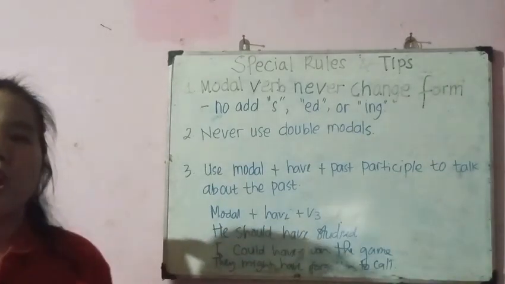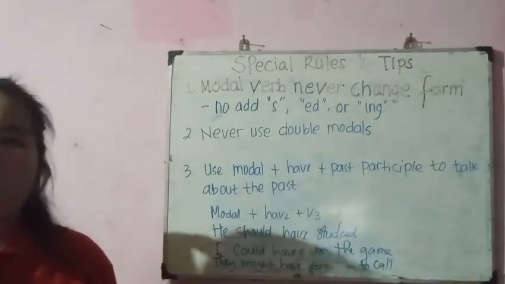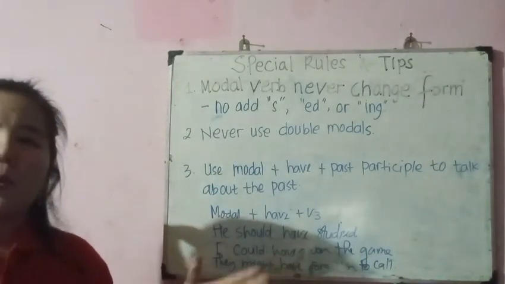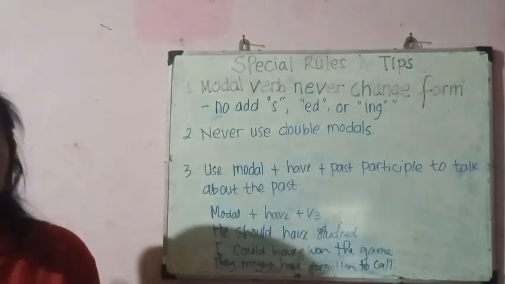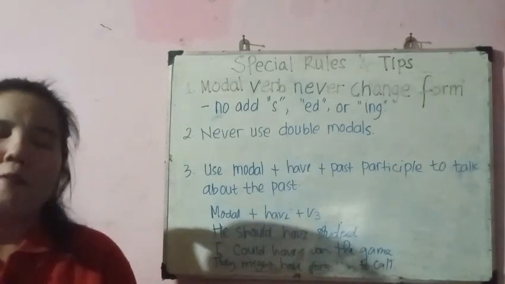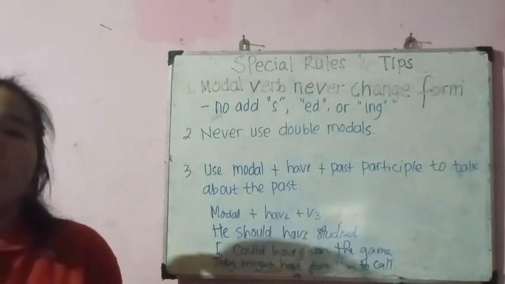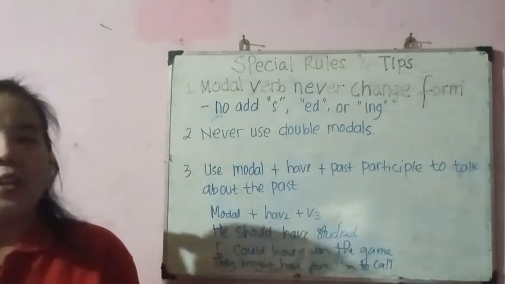Okay, this structure helps express past possibilities, regrets, and missed opportunities. For example, "she must have been tired" means we are sure she was tired in the past.